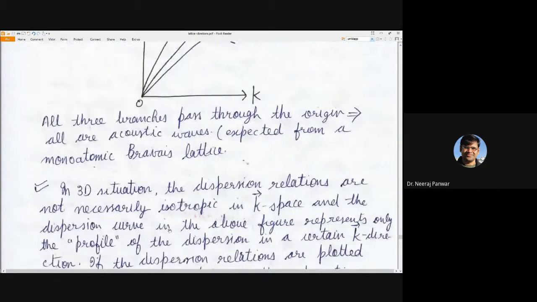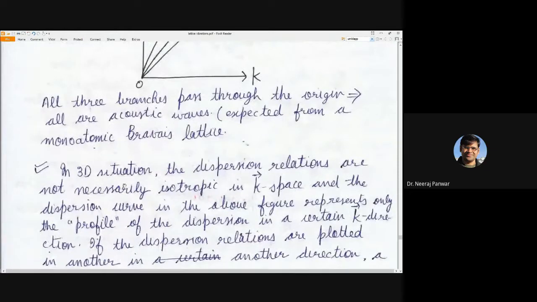In the three-dimensional situation, the dispersion relations are not necessarily isotropic in k space. Meaning, if we are studying the dispersion relation along any particular direction, for example 100 or 111 or 110, the dispersion relations are different in the three-dimensional case along different directions.